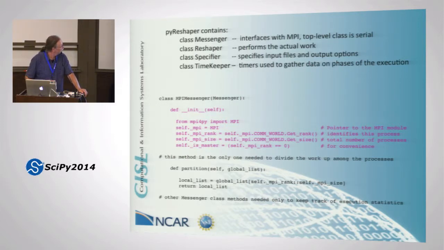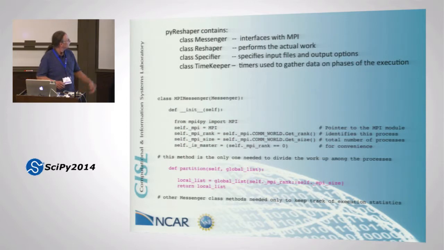The other part that is important for the MPI communication is just partitioning this list of variables, and that's really all that has to happen. It's provided a global list of all the variables, and it sorts them, and it does it using a step, just regular Python syntax.